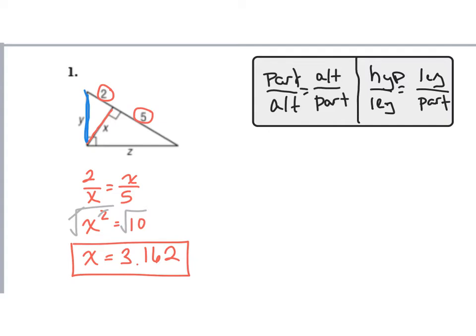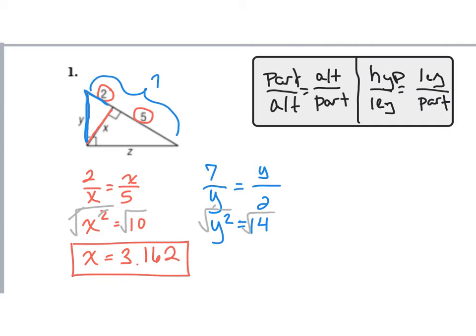Okay, so when I look at this second one, the leg, y, is the geometric mean between the hypotenuse, 7, and the part closest to that leg, 2. Cross multiply, y squared equals 14, square root, and y equals 3.742.